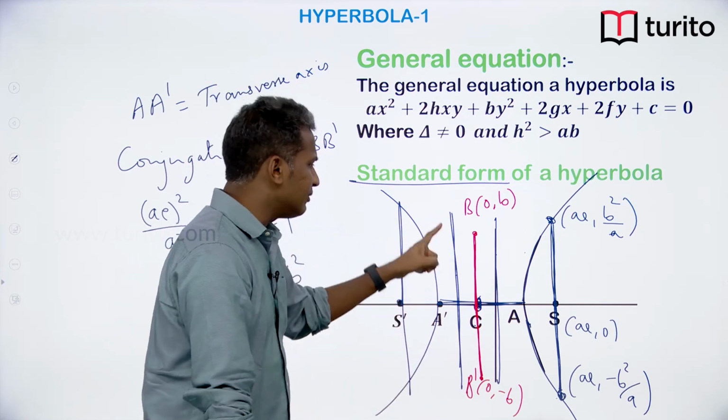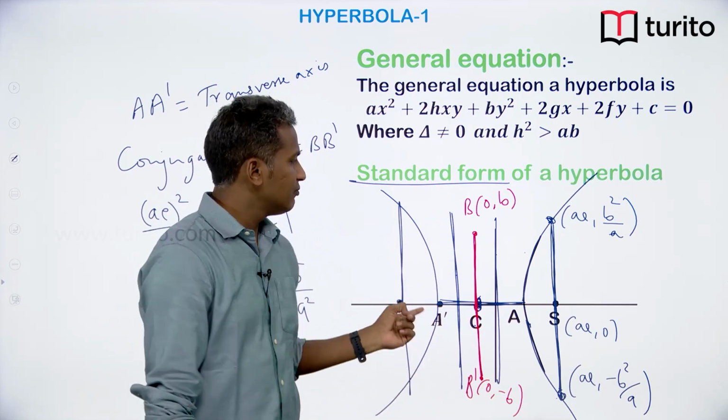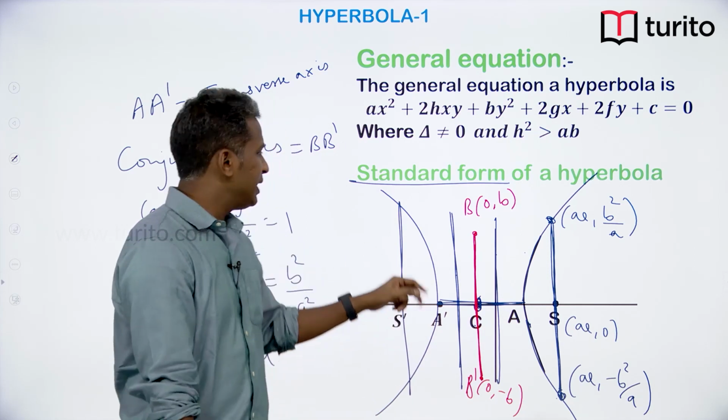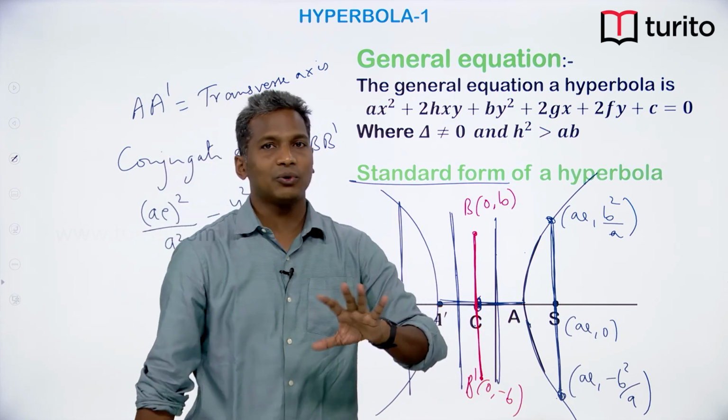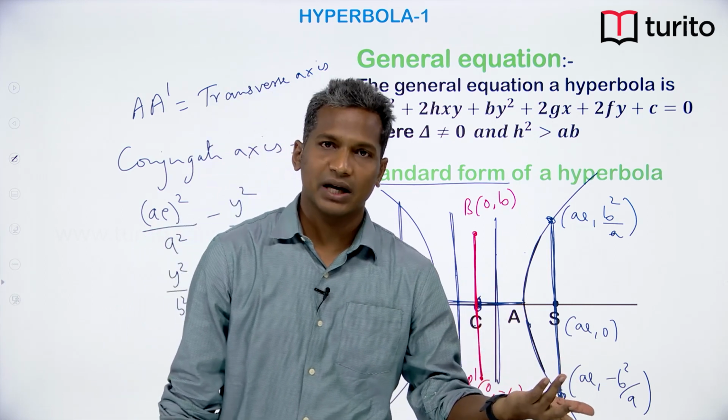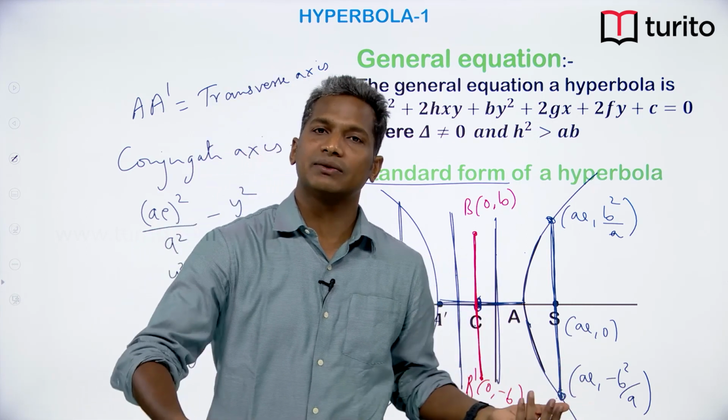But what is the significance of this conjugate axis with respect to the hyperbola? B and B dash are definitely not the points at which the curve intersects the y axis. Of course, the curve does not intersect the y axis.